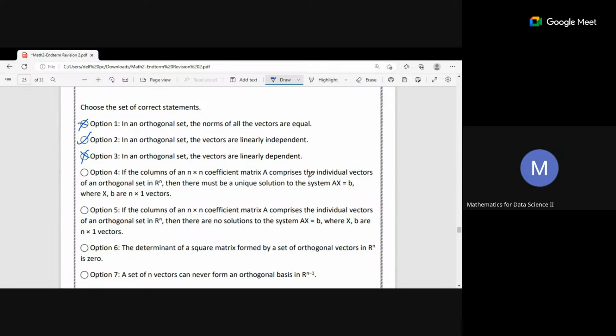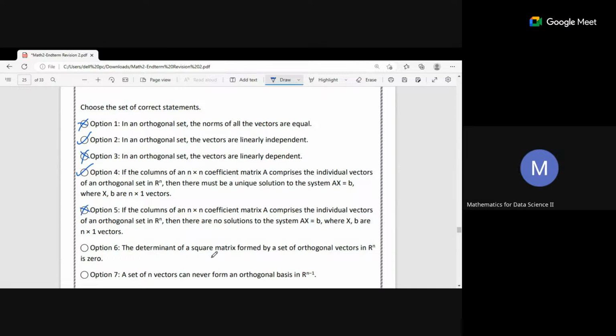If the columns of an n by n coefficient matrix A comprise the individual vectors of an orthogonal set, then there must be a unique solution to the system Ax = B. Yes, it is true, because if the columns are orthogonal, then the orthogonal set is also linearly independent. So a matrix consisting of linearly independent columns will have a unique solution.